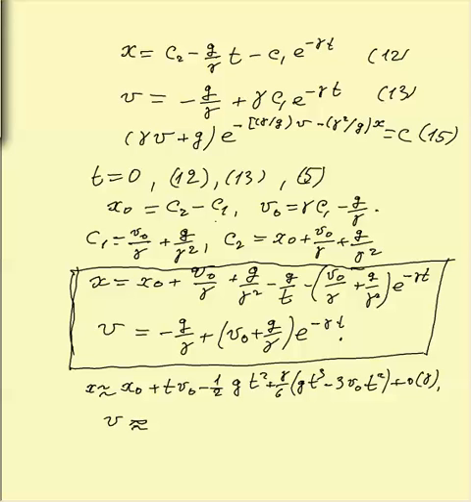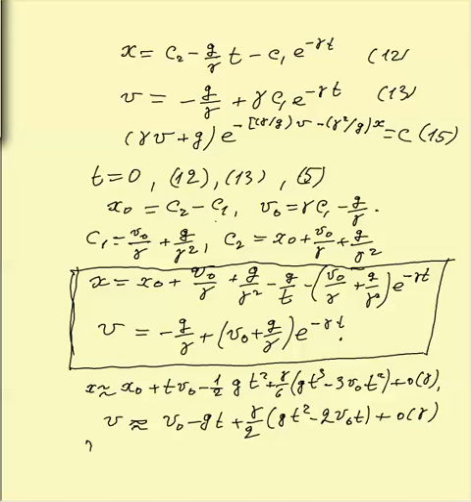And v approximately equals v0 minus g t plus gamma over 2 times (g t square minus 2 v0 t) plus again O small of gamma. O small of gamma means that this term contains at least gamma square.